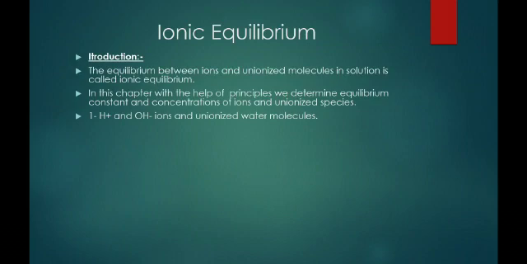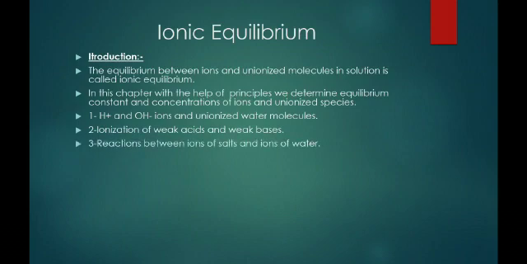First, we will discuss the equilibrium between H plus and OH minus ions and unionized water molecules. Second, ionization of weak acids and weak bases. Third, reactions between ions of salts and ions of water.